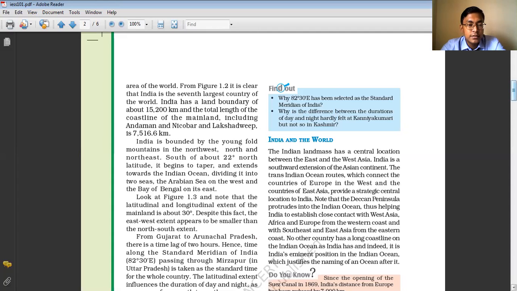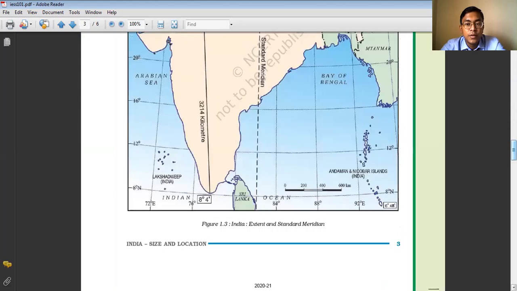In the northern part and in the eastern part, we are bounded by the Himalayas and by the northern plains, to some extent. So our country has a total land boundary of 15,200 kilometers, and the total coastline of our country is 7,516.6 kilometers, including the Andaman and Nicobar Islands.